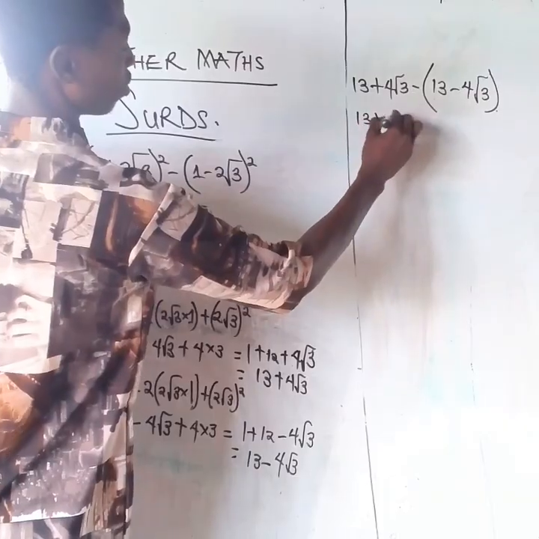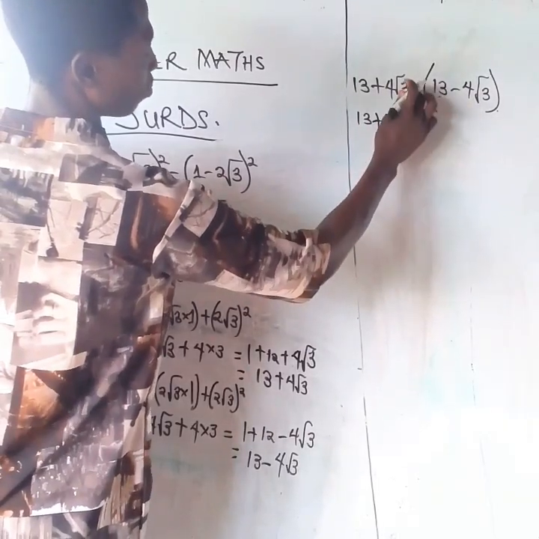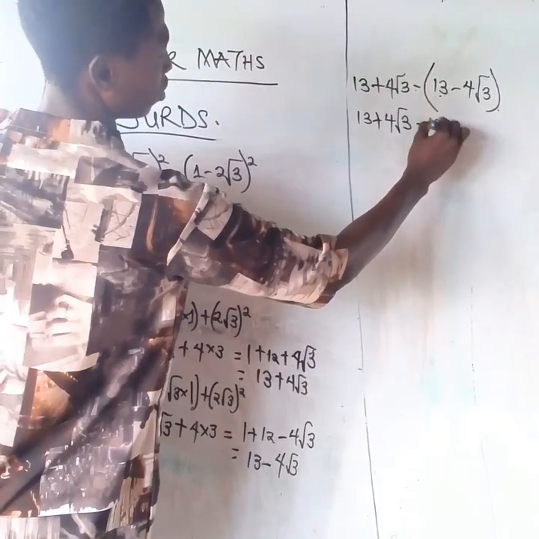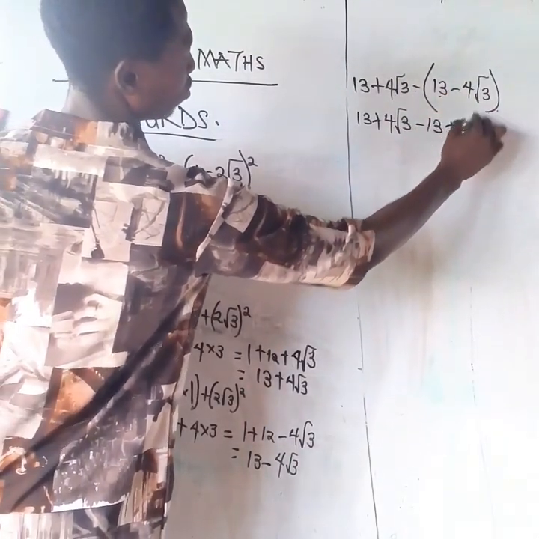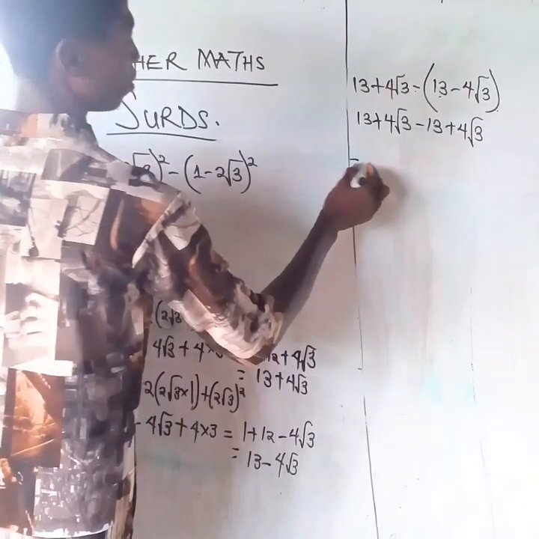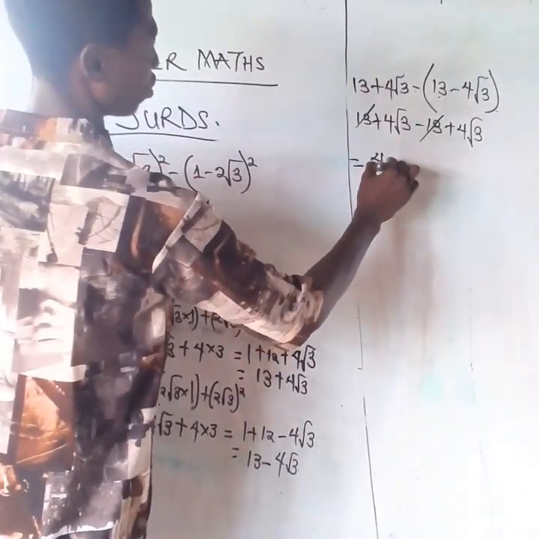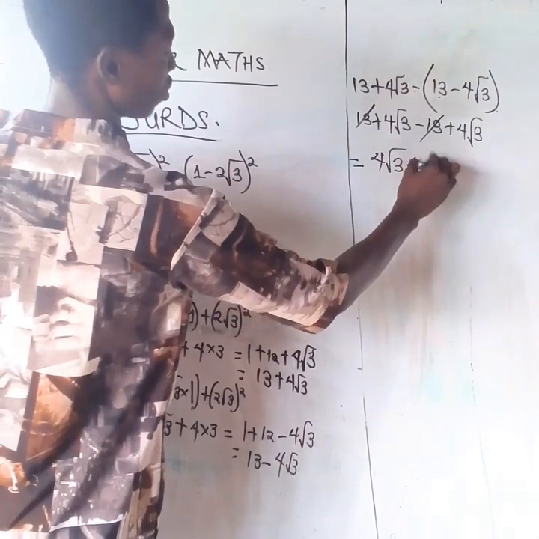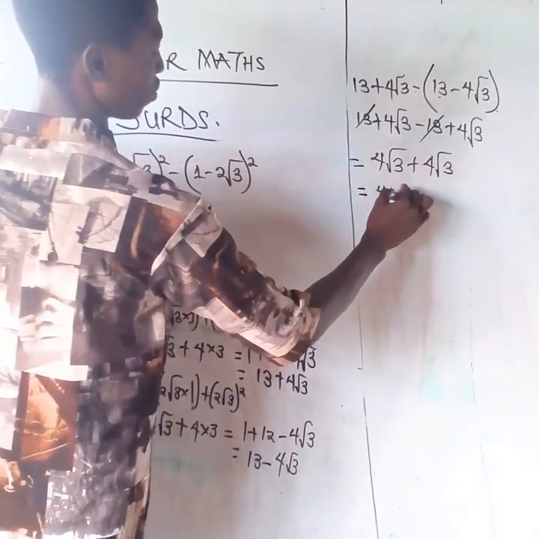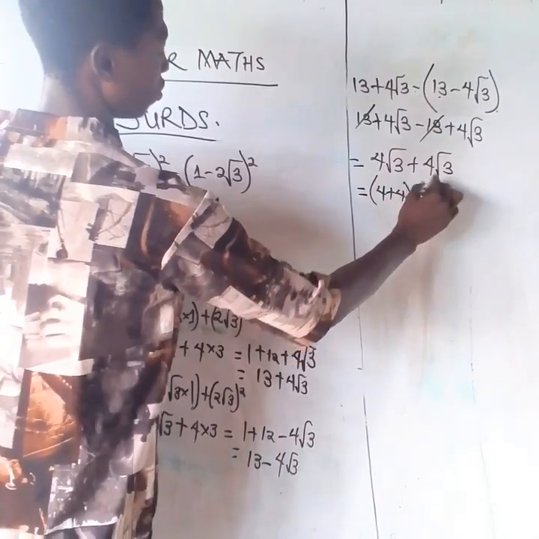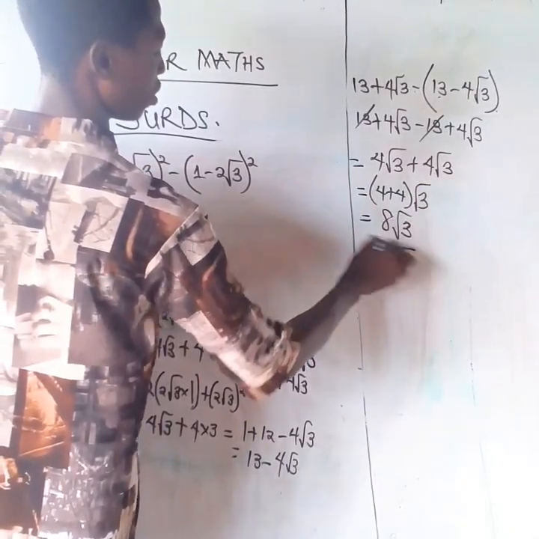You have 13 plus 4 root 3 minus times 13 is minus 13. Minus times this gives you plus 4 root 3. Now 13 minus 13 is gone. So what you're having is 4 root 3 plus 4 root 3. That gives you 4 plus 4 or root 3. Give you 8 root 3.